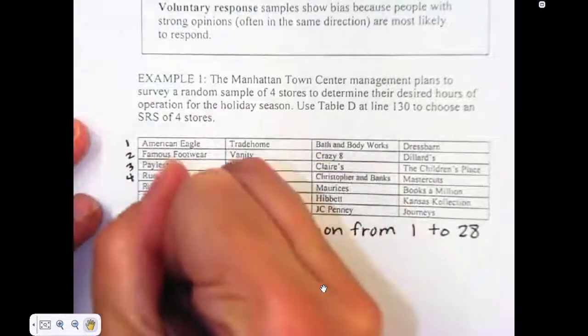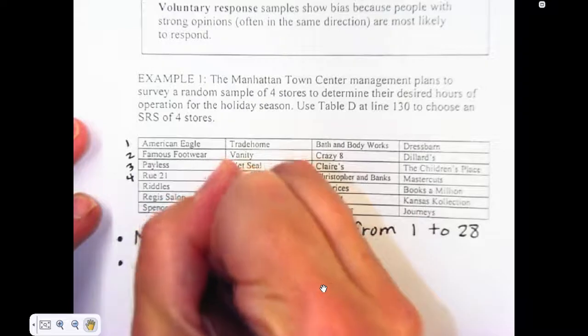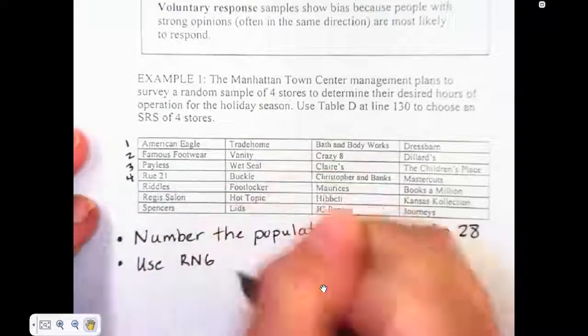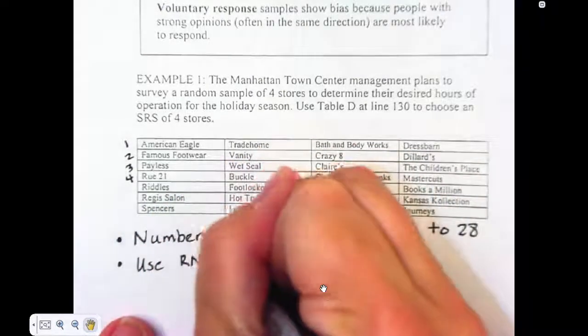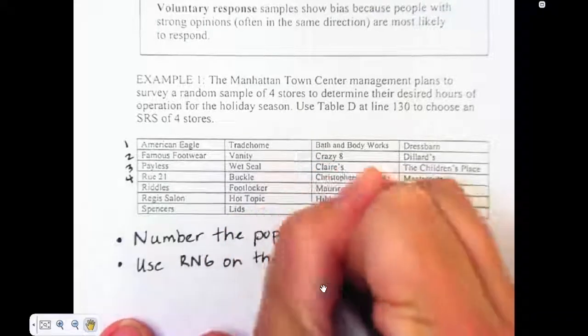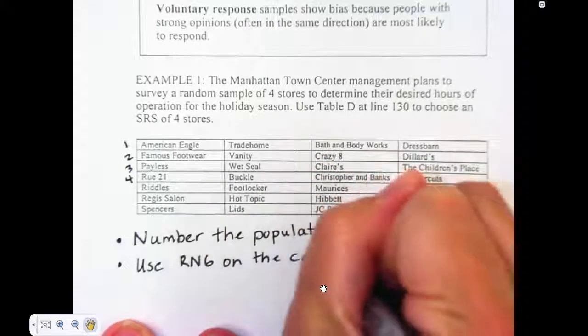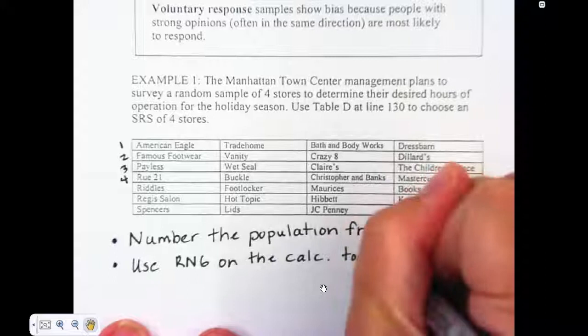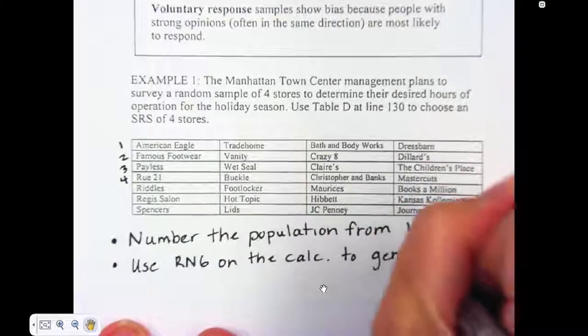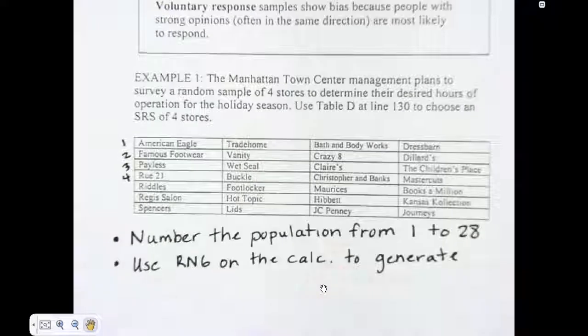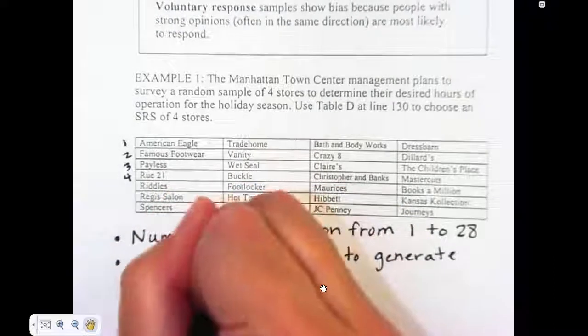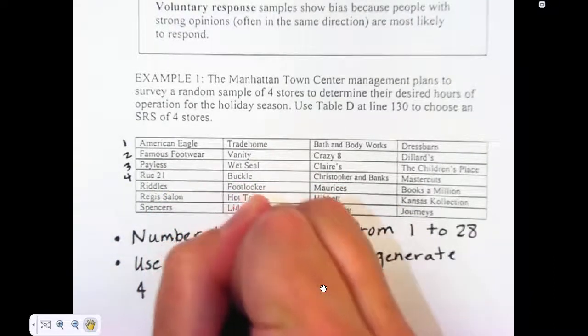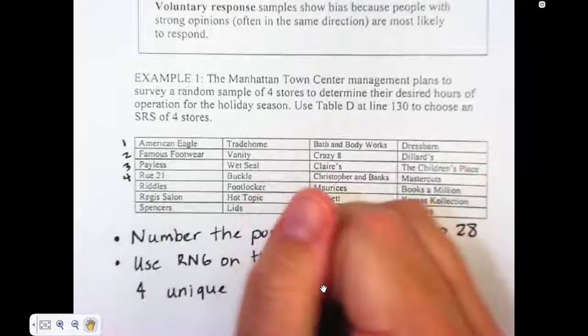After that, I'm going to use the random number generator. Remember, we can abbreviate RNG on the calculator. To generate 4, remember we need the word unique numbers.